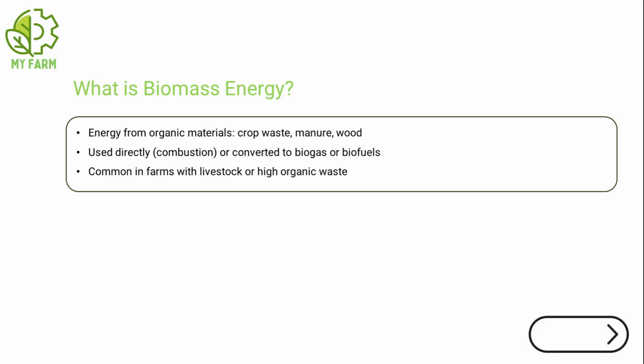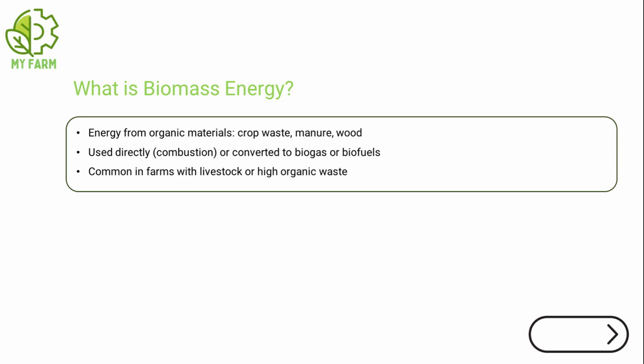On farms, biomass is remarkably abundant. It exists all around us, in crop residues like straw, husks, and stalks left behind after harvest, in animal manure produced daily in livestock operations, in dedicated energy crops such as switchgrass, miscanthus, and short-rotation willow grown specifically for bioenergy, and even in organic waste from food processing, pruning, or farm maintenance.